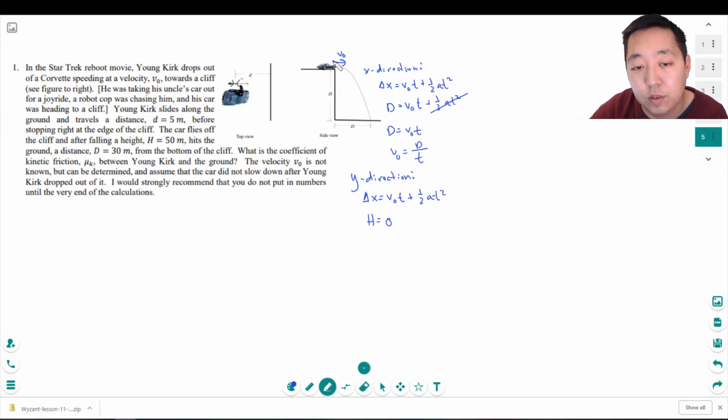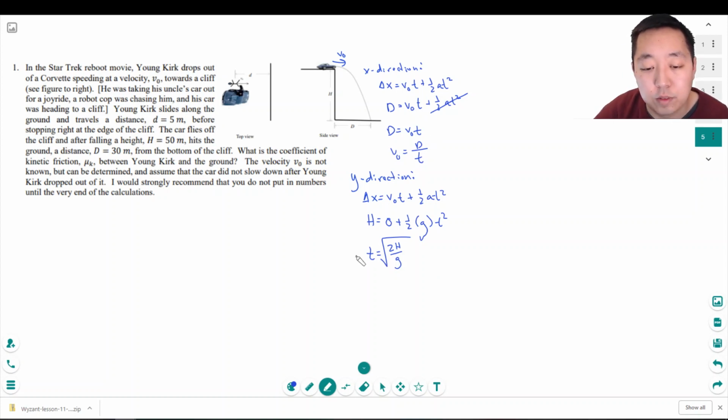So he's got 0 in the vertical direction, plus 1/2 g t squared. So solving for t, I get the square root of 2h divided by g. Okay, so now I can plug this in and solve for v0.